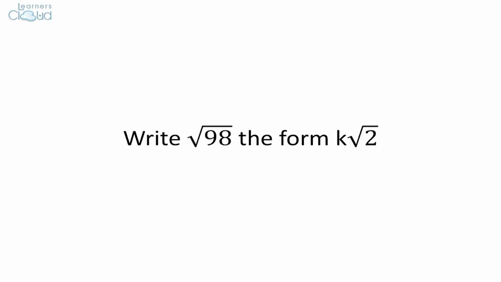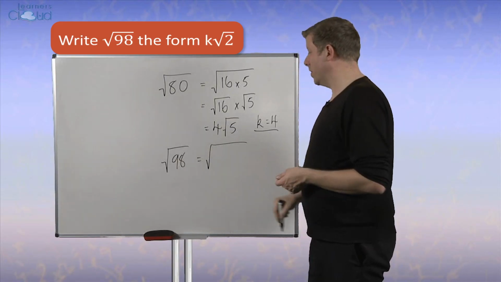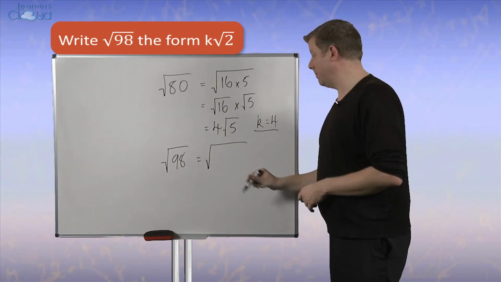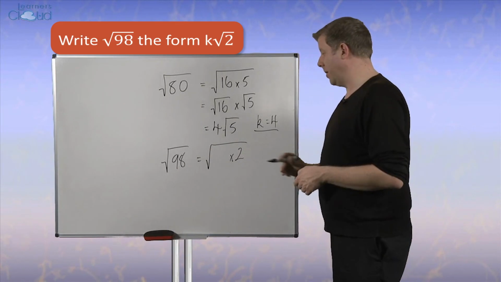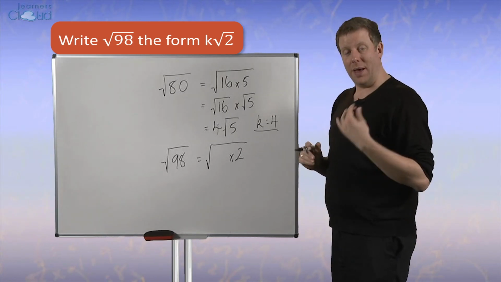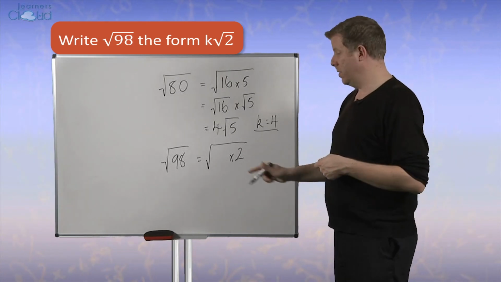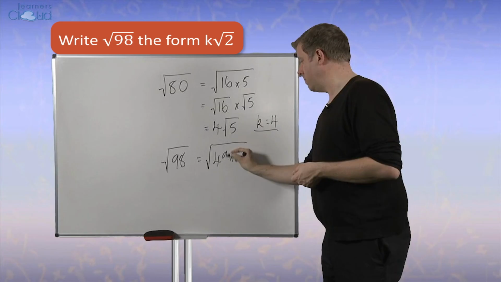If we have a look at another one, let's write the root of 98 in the form k root 2. So remember, the clue is in the question. When we break down 98, they want us to write it as the square root of something multiplied by 2. Think about what that something is. 49.